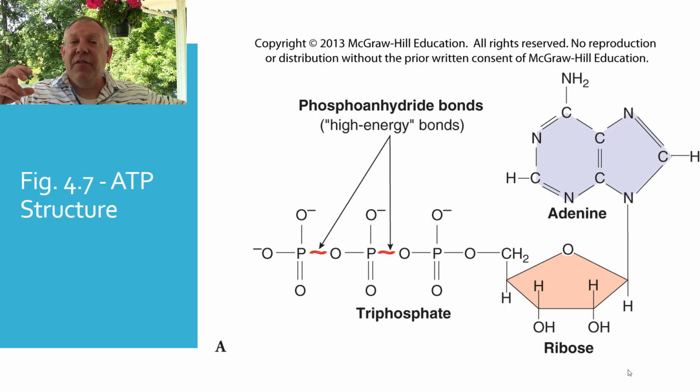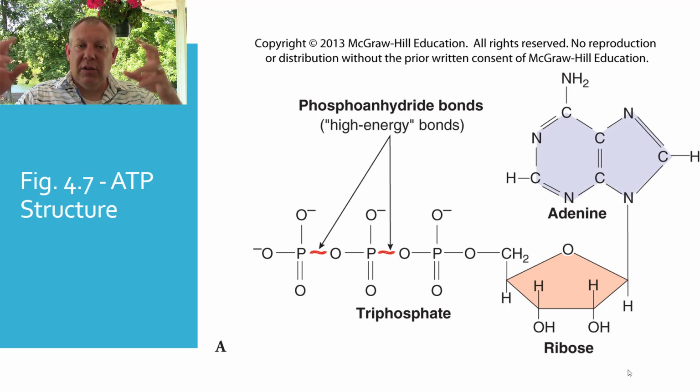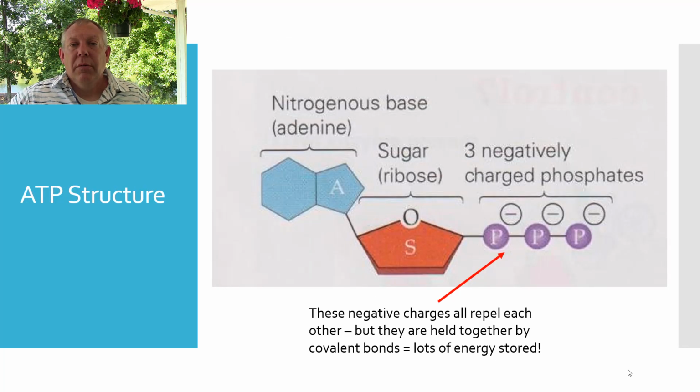Then if you break off those phosphates, you release all that energy. So you can use ATP to carry energy from one place to another. Here's another diagram, again showing you the adenine nitrogenous base attached to a ribose, which is a pentose sugar, and then it has three phosphates on it.